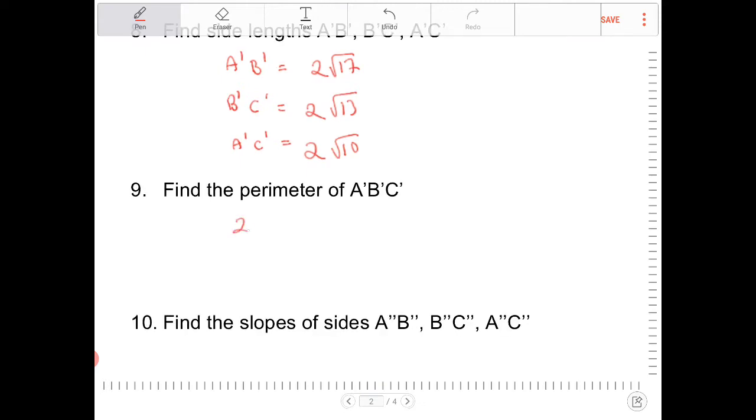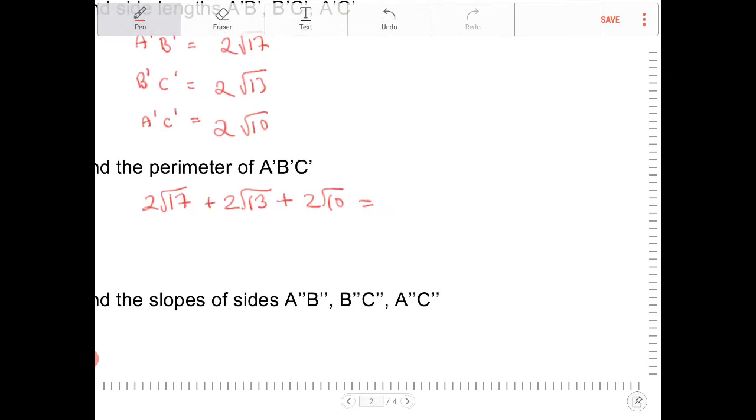So that would be 2 square root of 17 plus 2 square root of 13 plus 2 square root of 10. Now I didn't specify this, but there's a common factor here of 2, isn't that right? So if that's the case, then the perimeter of the image will be double that of the perimeter of the pre-image.